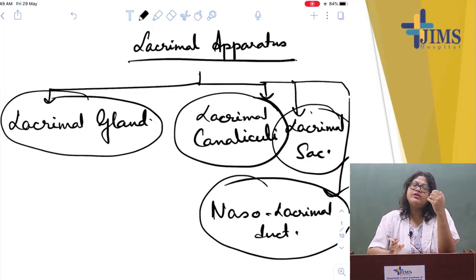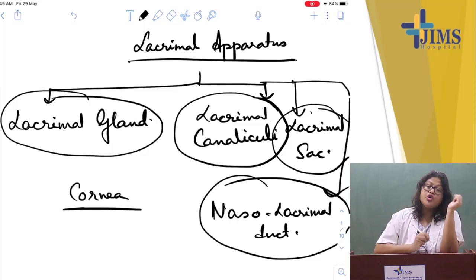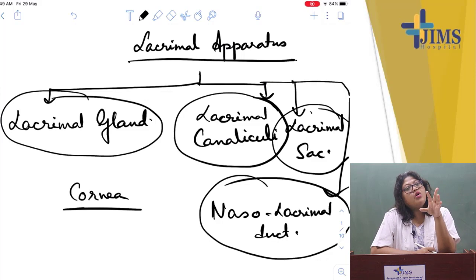So take the eyeball and the front part of the eyeball, which we can see in between the two lids. This is known as the palpebral fissure. Now what we can see over here, this white part and the black part, this black part is known as the cornea. Now this cornea is an avascular structure.